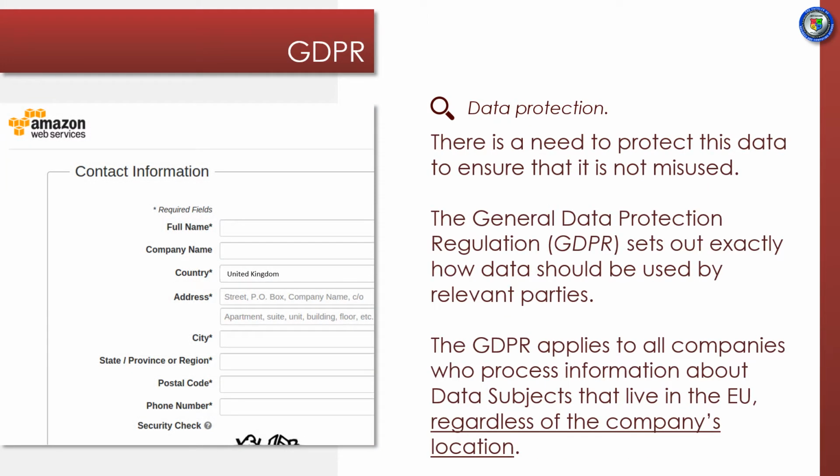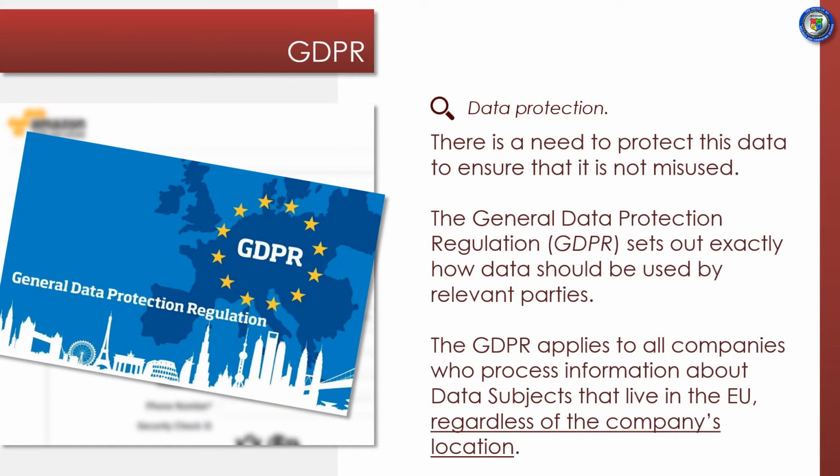Because of this, there's a need to protect data to ensure that it's not misused. The General Data Protection Regulation sets out exactly how data should be used by relevant parties.